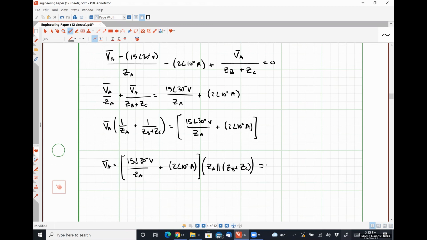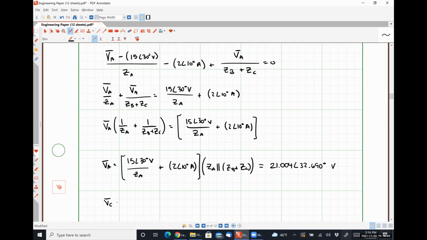So I have X multiplied by A times B plus C over A plus B plus C. VA is (21.004 angle 32 degrees) volts.